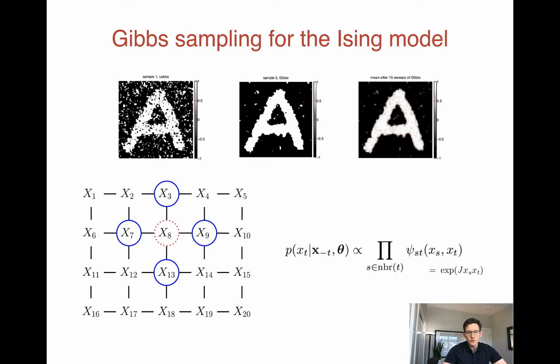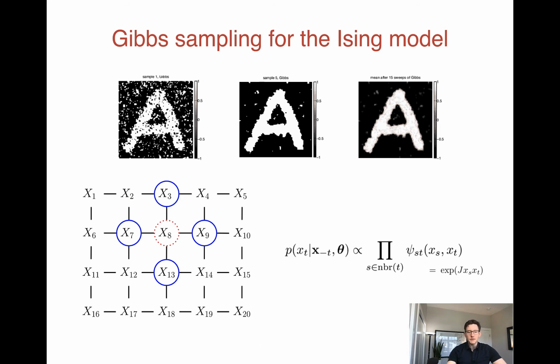Notice also that we don't even have a normalization constant for this model. If we just give ourselves a bunch of potentials, which is generally what we're going to do in practice, in order to come up with the normalization constant, in principle, we would have to sum over all of the possible assignments of these variables.